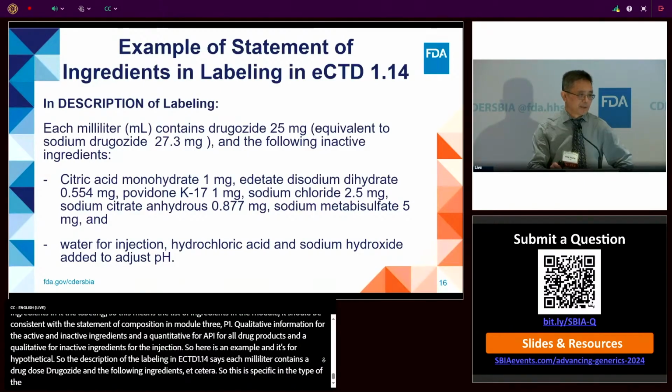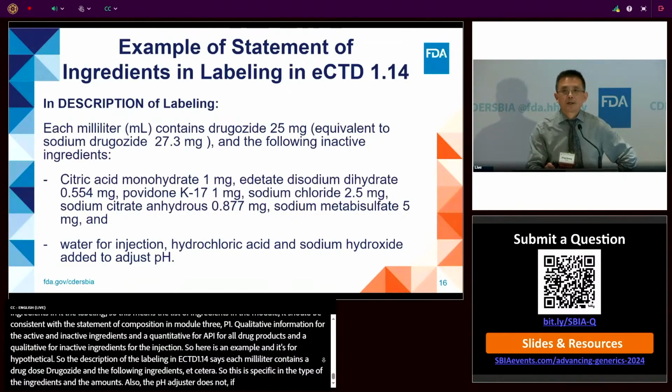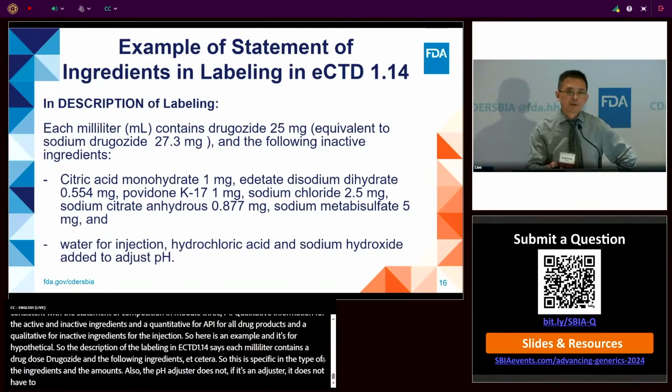For a pH adjuster, quantitative information does not have to be provided, but definitely it should be listed in the labeling.